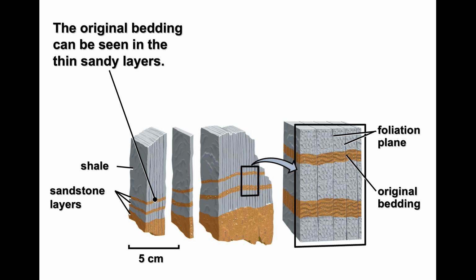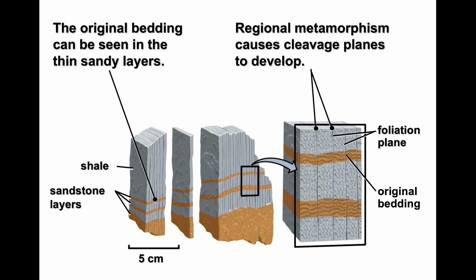And then more or less perpendicular to the original bedding, we have the foliation plane, which was caused by the compressive force. That means regional metamorphism causes the cleavage planes to develop.